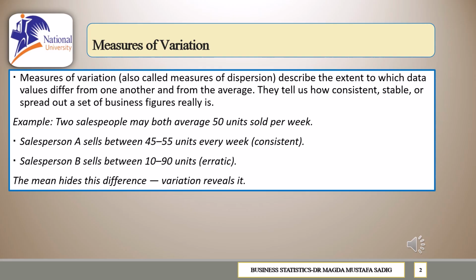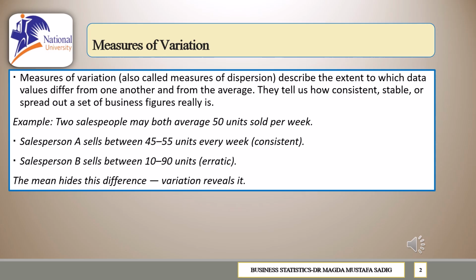Let us define measures of variation or dispersion as measures that describe how much data values differ from one another and from the average. They help us understand whether business figures are consistent, stable, or widely spread.